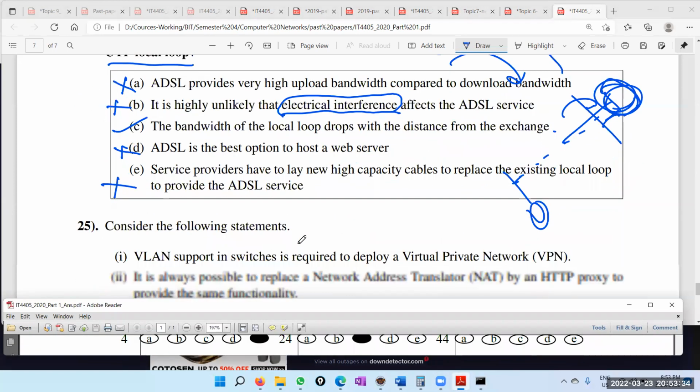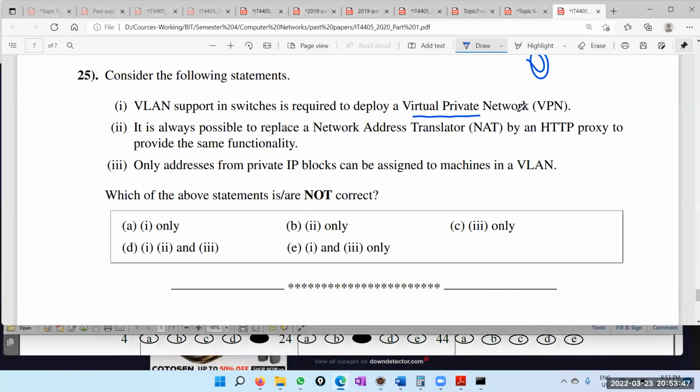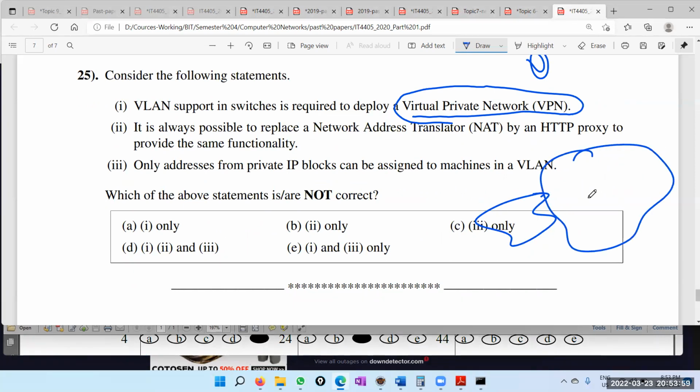C. 25. Consider the following statements. Which of the above statements is not correct? VLAN support in switches is required to deploy a virtual private network, VPN. Now VPNs, we use to connect, say, my office is in this site and I'm using the public internet.